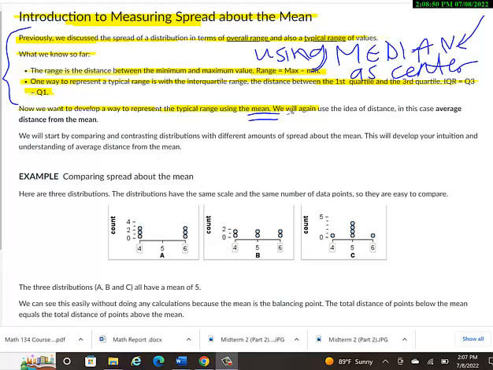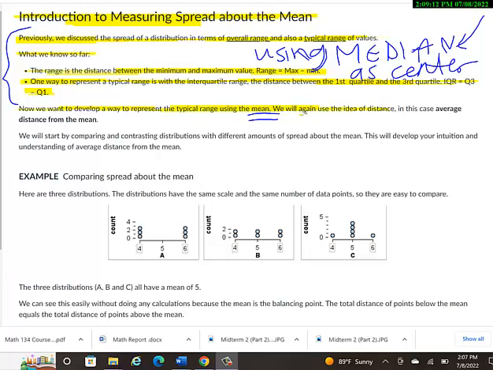Instead of just taking the middle value as your center, which we've been doing for the median, now we're going to say, what if we use the mean? Like with exam scores, if I measure the center as the average of exam scores, where I add all the scores together and divide by the number of scores, that's the mean. Then how do we describe the spread?